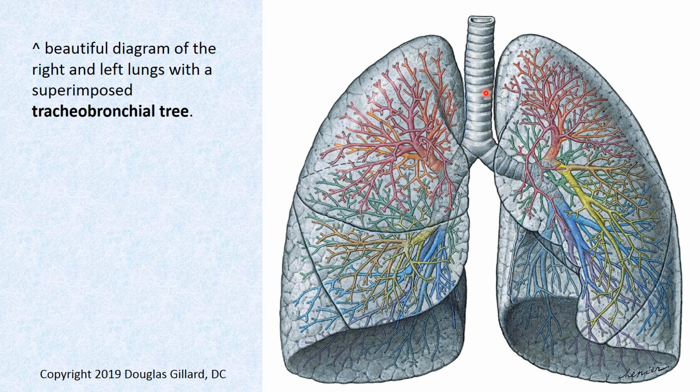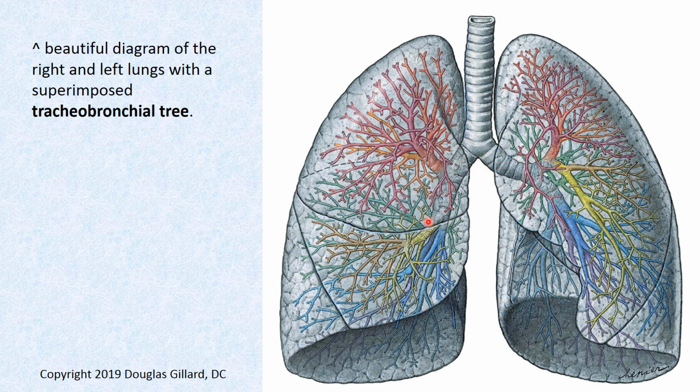Very nice drawing here of the tracheobronchial tree, superimposed with a kind of ghost of the lung over it. So notice that this is really like a tree. If this is the trunk of the tree, that's the trachea. Then we have the left and the right main stem bronchi, or primary bronchi.